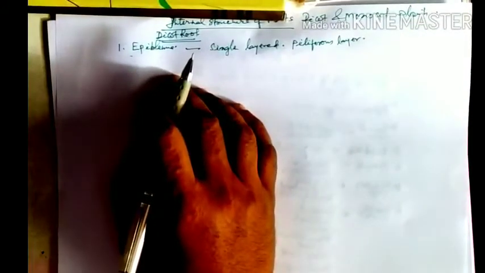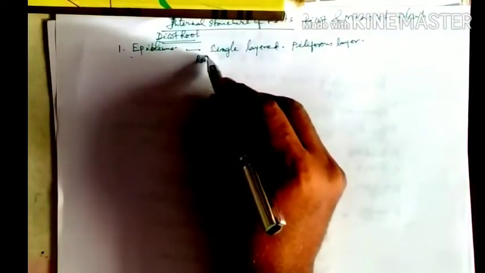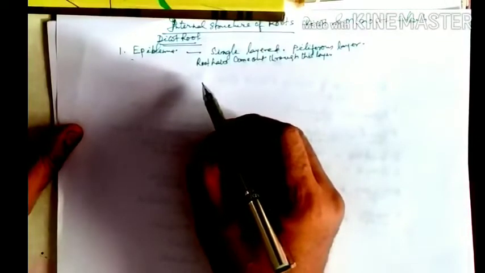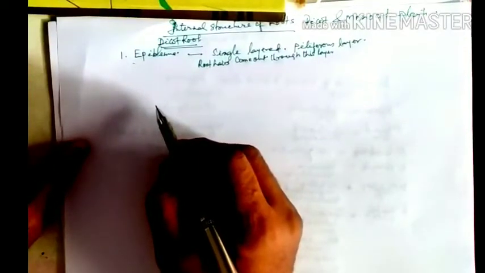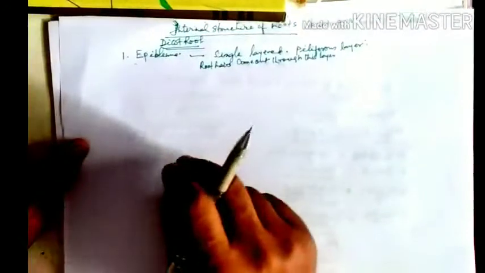Root hairs project from this layer. As we know, the root hairs of the root, either of dicot or monocot, are unicellular.